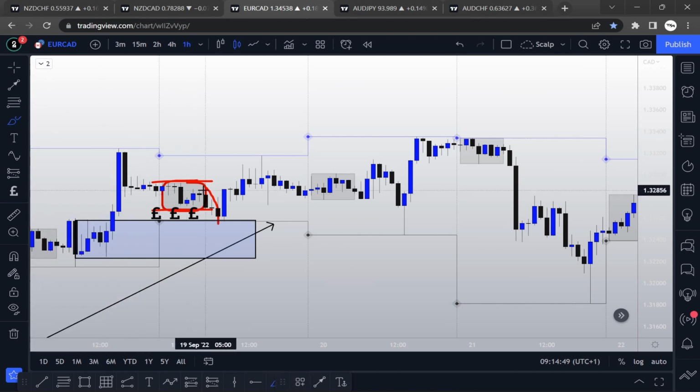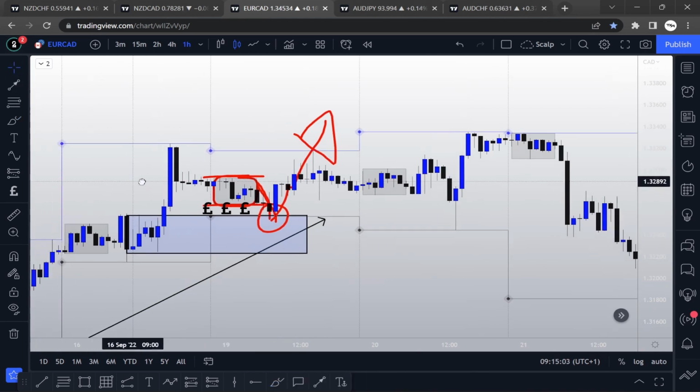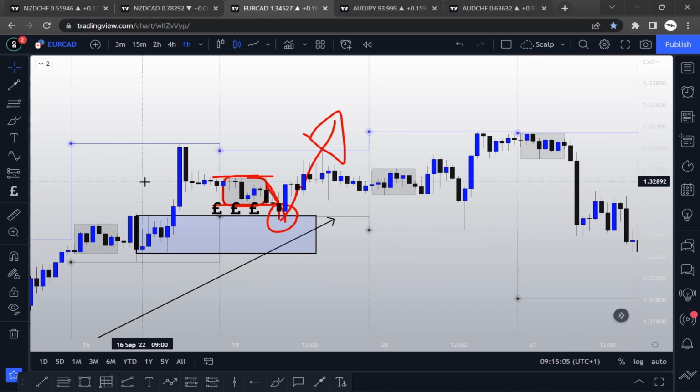This move right here is a liquidity grab, and that's the move to the downside, which we would have caught because we understand the process by which the market moves. The market moves because it is motivated by liquidity.